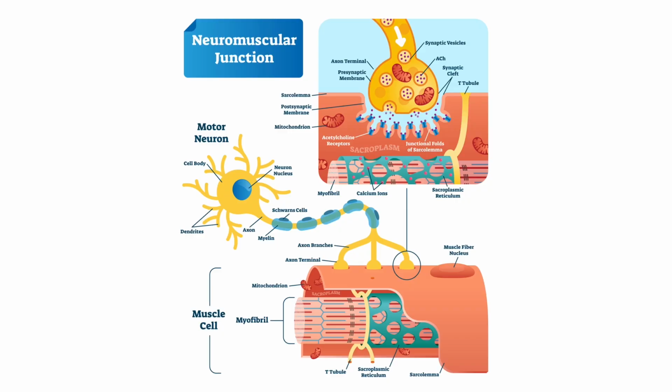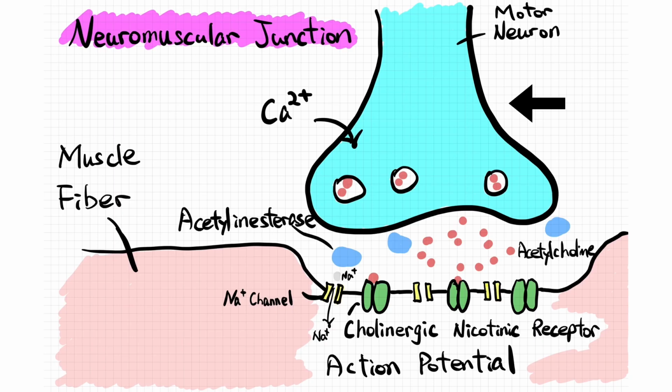Now let's look at the neuromuscular junction, which is the final part of this video. The neuromuscular junction, or NMJ, is a specialized synapse or connection point between a motor neuron and a skeletal muscle fiber.